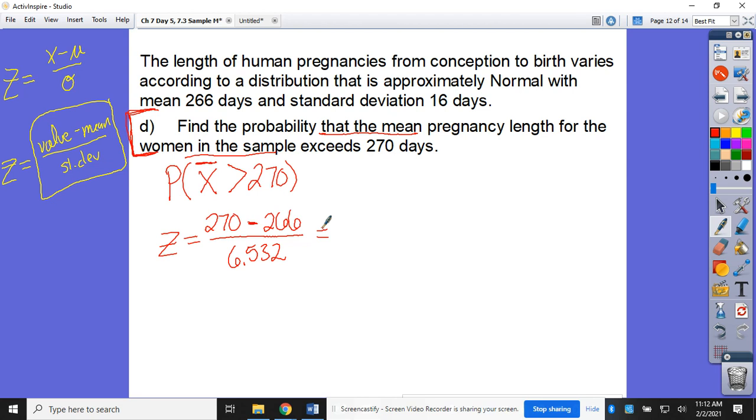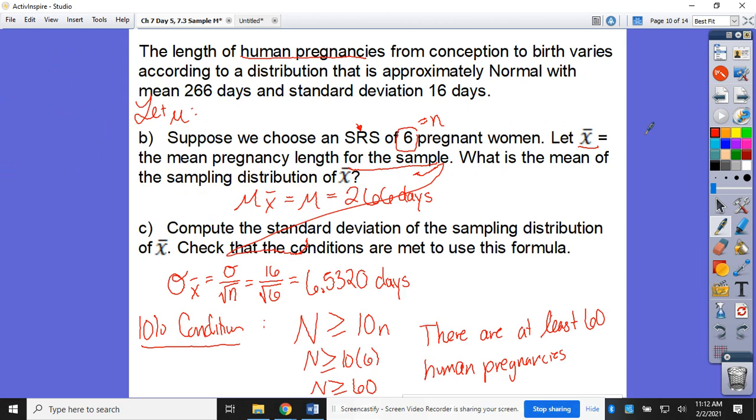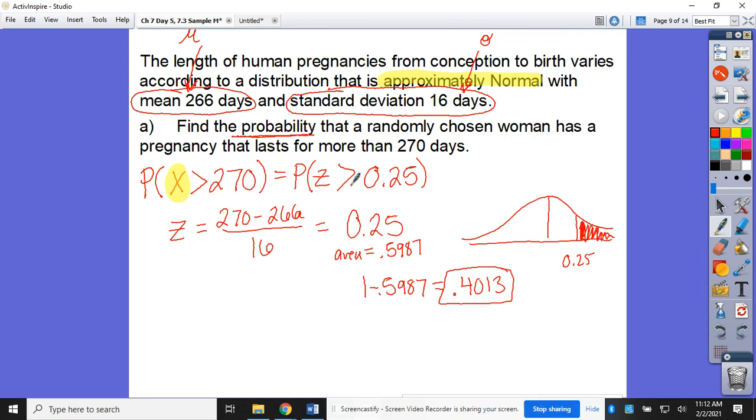Well, my last value, before we even use a calculator, when I did it for an individual, I got a z-score of 0.25. Well, 270 is still there. 266 is still there. I've switched this. So now what is it going to be compared to 0.25?